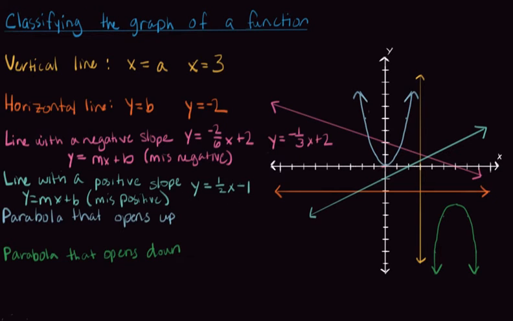Next, we have a parabola that opens up. So this light blue one is our example of a parabola that opens up. This one is y equals x squared. But in general, parabolas might come in the form y equals ax squared plus bx plus c. And if a is positive, then it's going to open up.